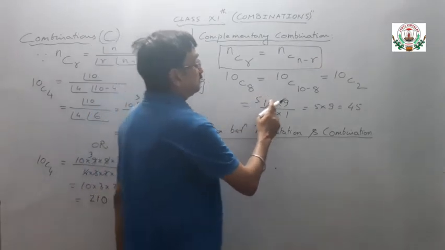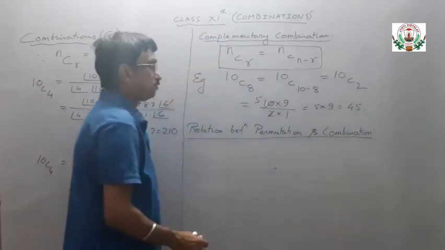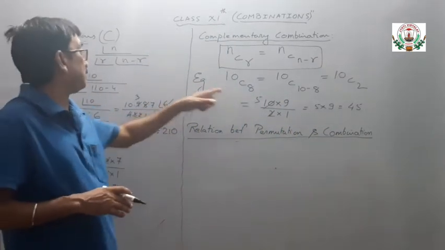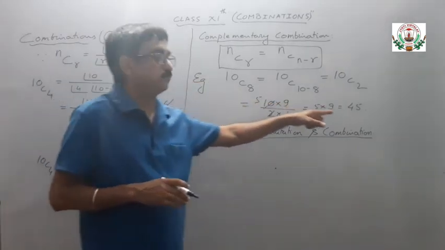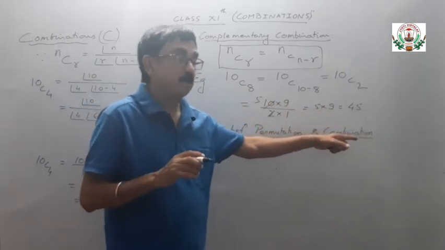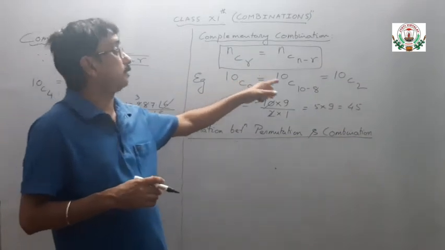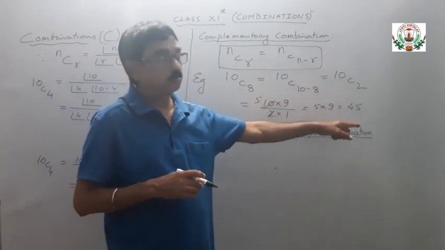So 2 fives are 10, 9 fives are 45. If we solve 10C8 by the formula, we also get 45, that is also 100% correct. And if anyone solves by the complementary combination, that is also correct.